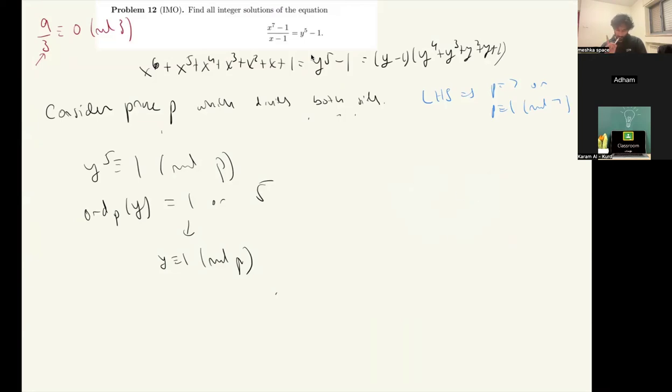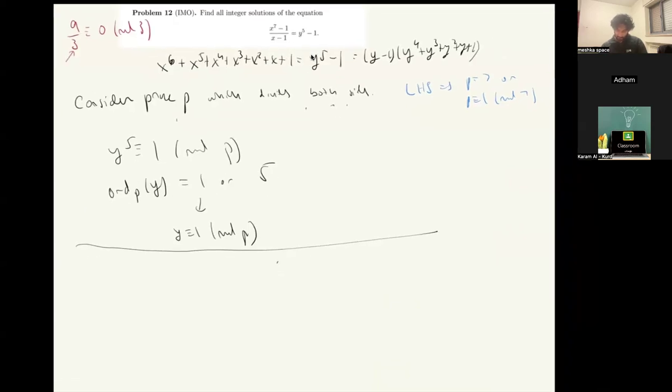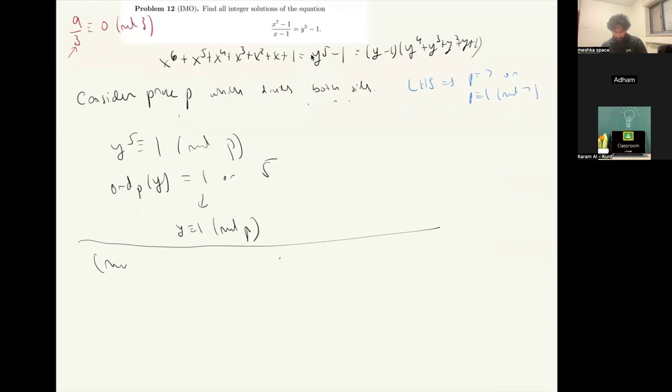Okay, so I think the first thing you're saying is we should consider everything mod 7, right? So let's look a little closer at mod 7. Now you're saying, what do we know?